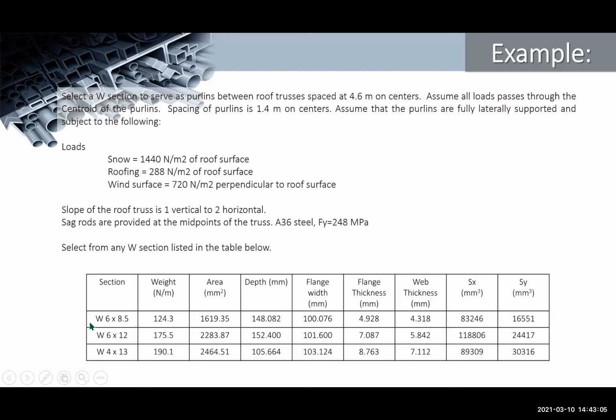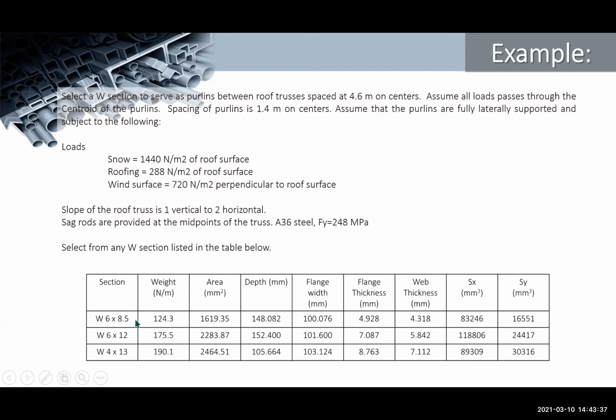So, we will design. We will choose among these three which is safe and economical. How do you know which is economical? If all three are safe, we need to choose the smallest purlin, because the smallest purlin is the cheapest of the three. So first, check the safety of the smallest. If we compute, we start with the W6 by 8.5.